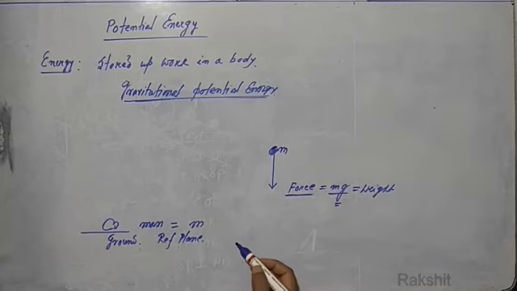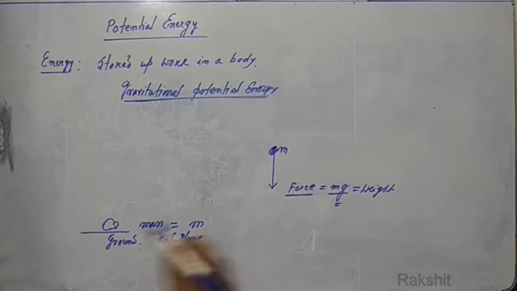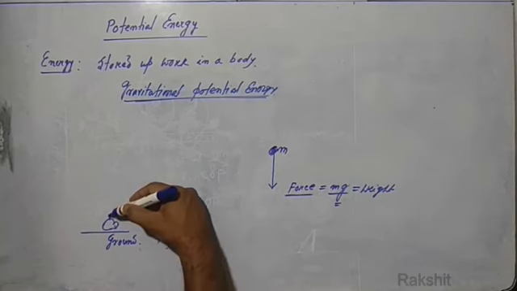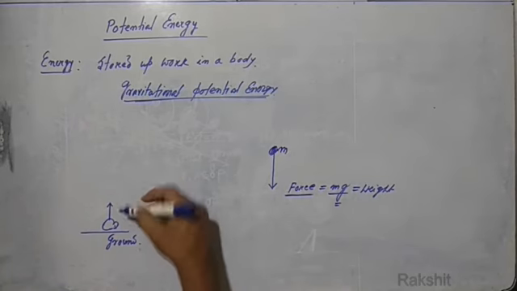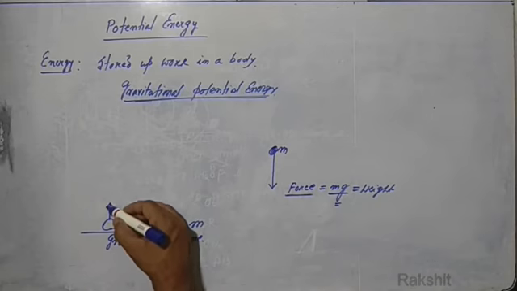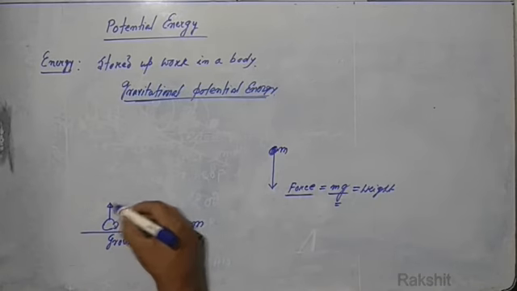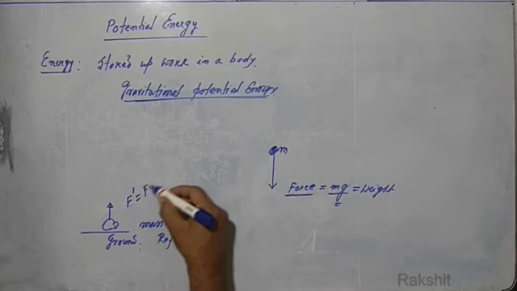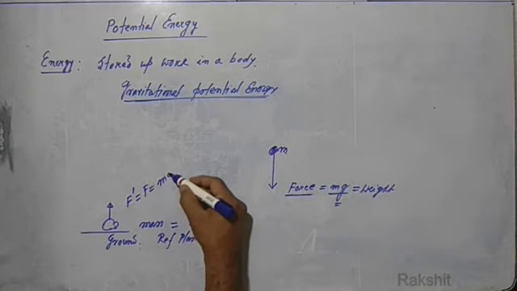So when an external agent pulls the body upwards, the external agent will have to exert a force F equal to mg.